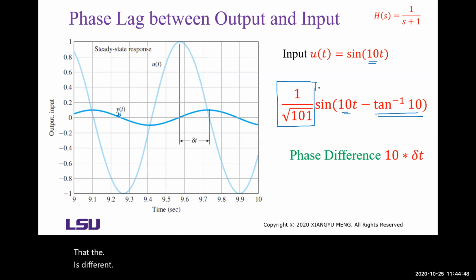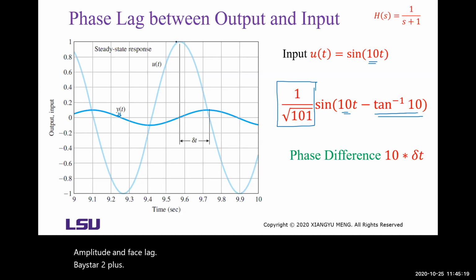Then we can calculate the amplitude and the phase lag based on the transfer function. We will discuss that later, but we can also calculate this amplitude and phase lag based on the two plots.